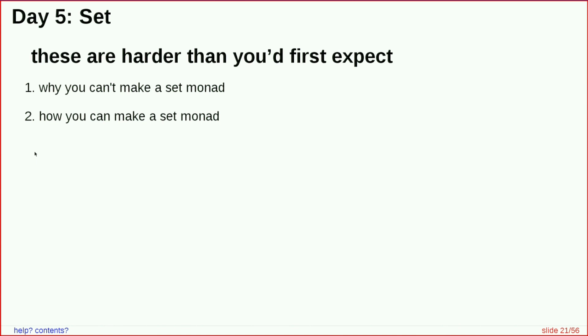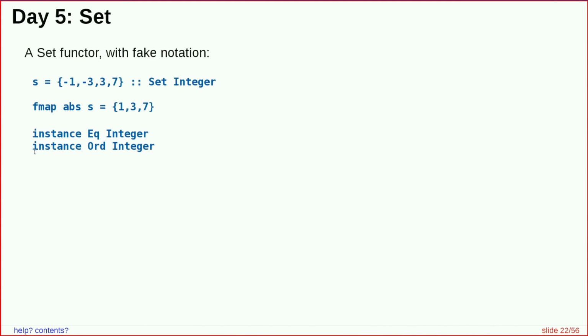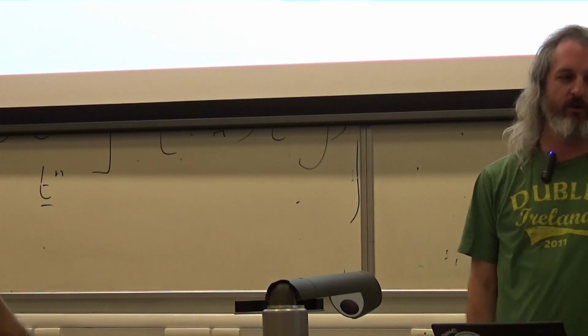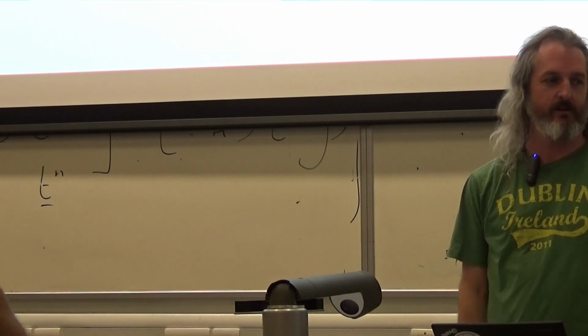So if we have some fake notation, okay, this isn't real Haskell, but you'll have to sort of imagine that this works as you might expect. So if we've got a set of integers, -1, -3, 3 and 7, and we're going to fmap the absolute value function over that, what are we going to get? We'll get 1, 3 and 7 in a set. Okay.